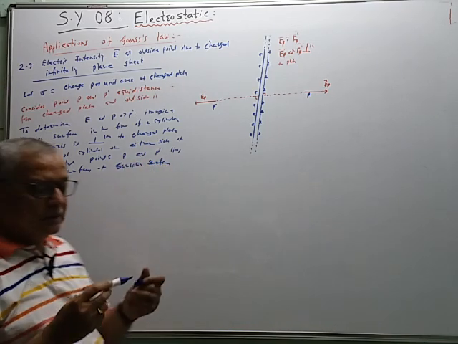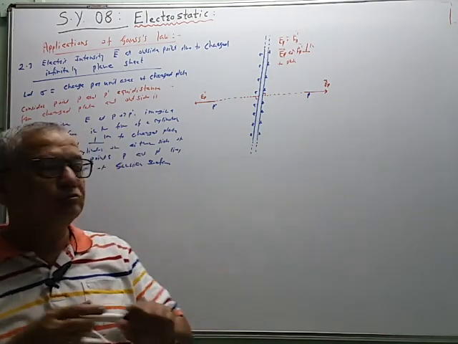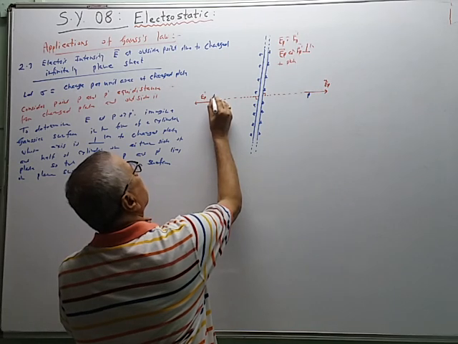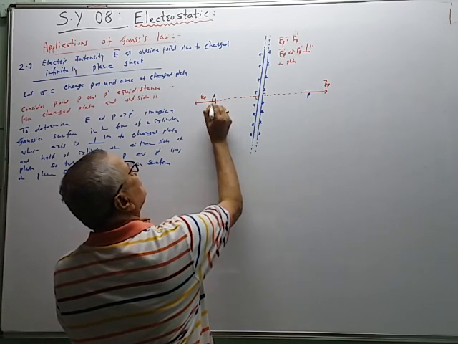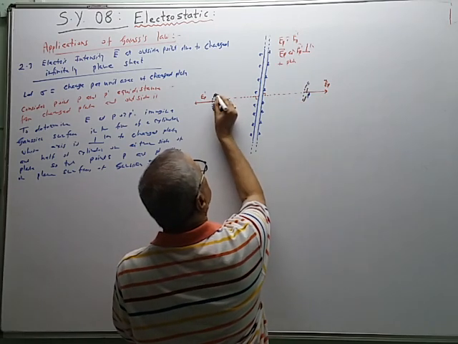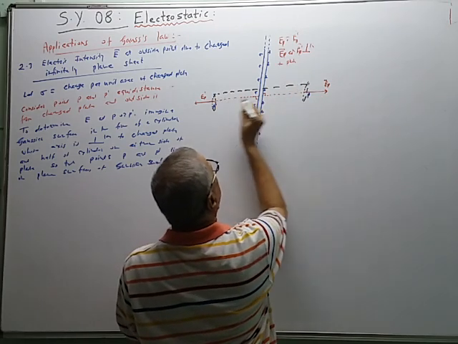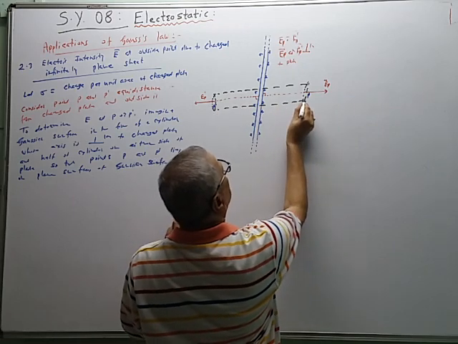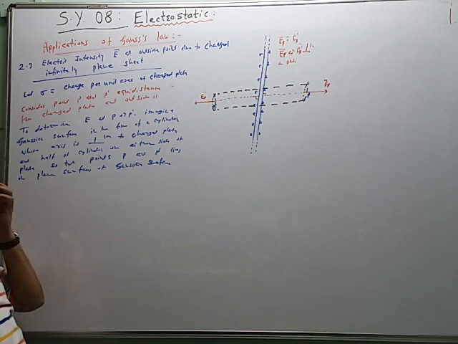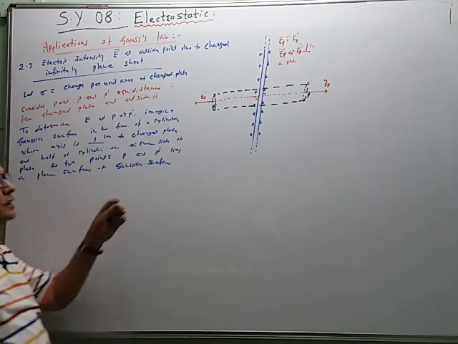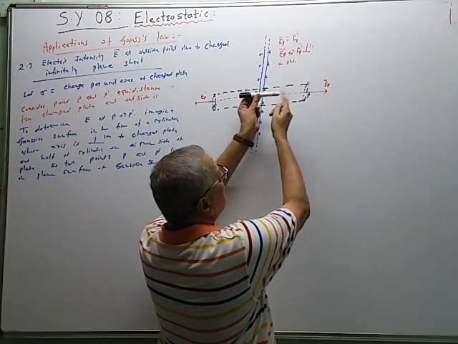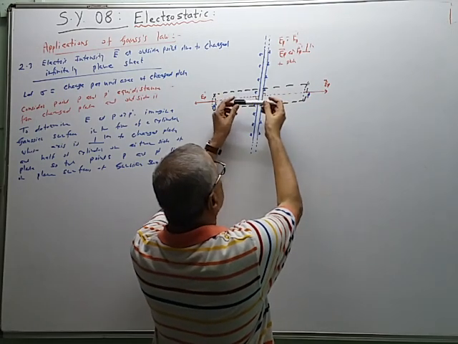So that imaginary cylinder is like this. This is one plane cap, and this is the other plane cap. These two plane caps are equidistant, and this is the cylinder. This point P lies on this plane cap, and this point P dash lies on this cap.